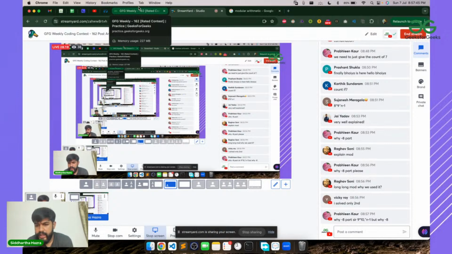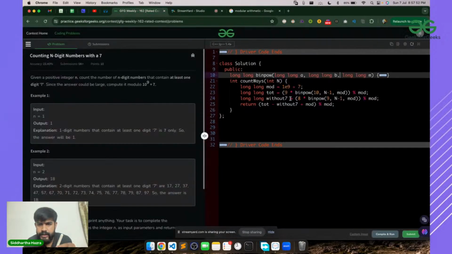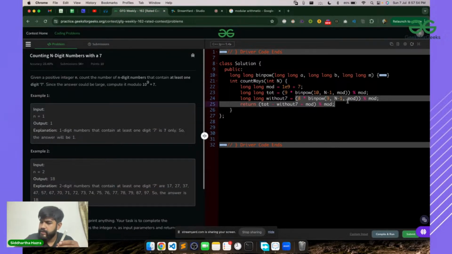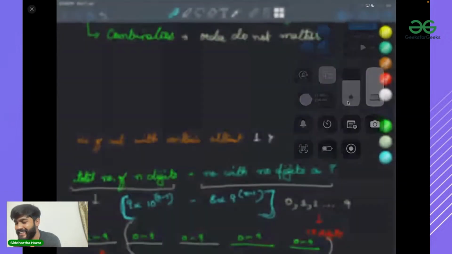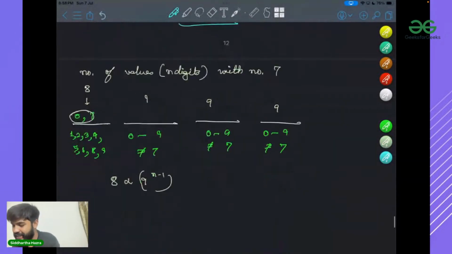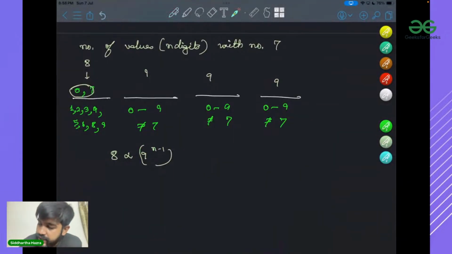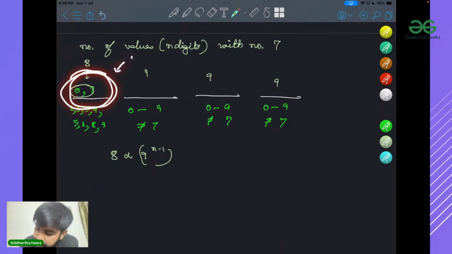Okay, but 8 part not, sir, 9, why minus 8? Okay, this one. So I told you, I explained it. See, look carefully. We discussed that we can't keep leading zeros over here. And then we also discussed that we can't have 7 also.